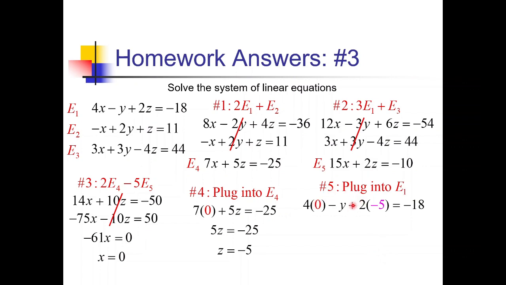This is going to be a negative 10 over here. We still have a negative y. Adding 10 to the other side, that's going to be negative 8. And then we divide both sides by a negative to get y equals positive 8. So putting all that together, this is going to be a solution of (0, 8, negative 5).